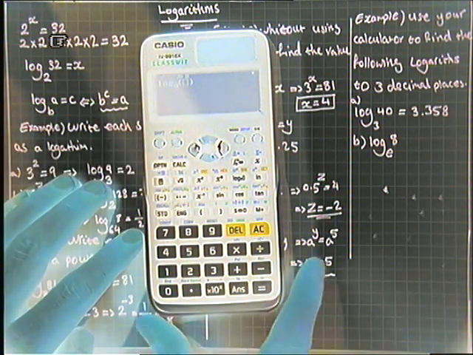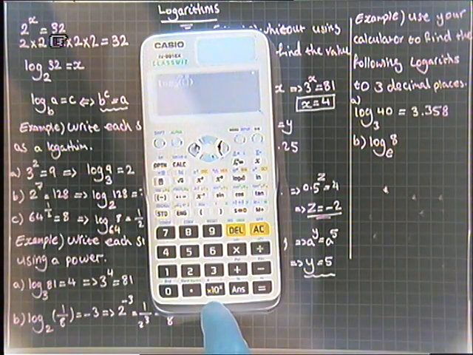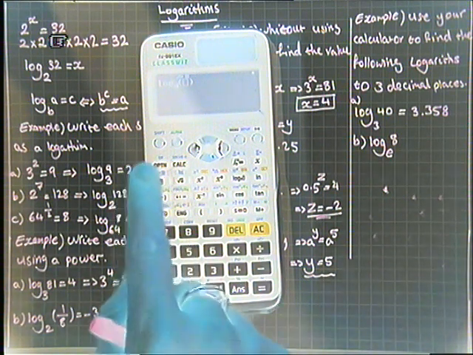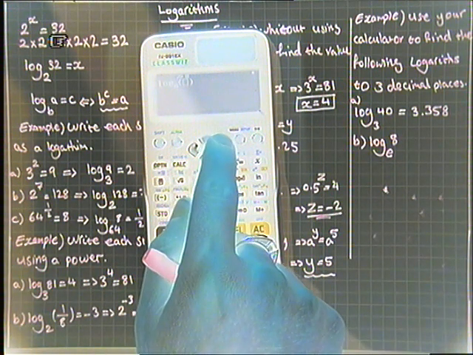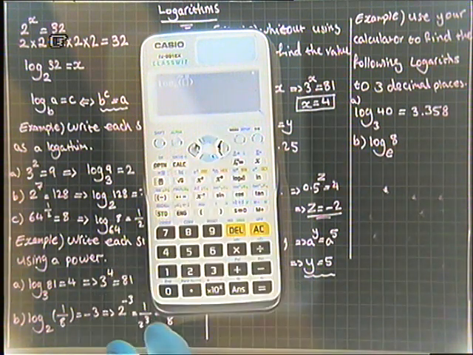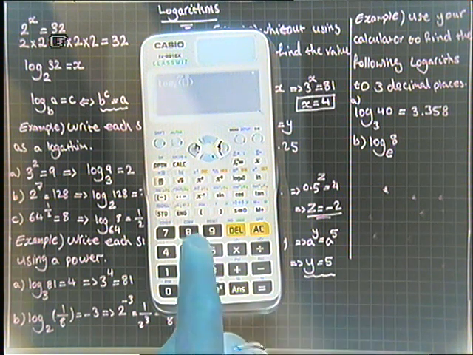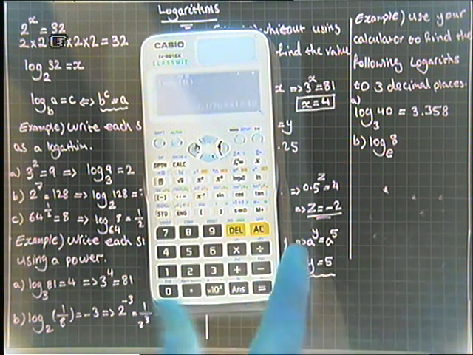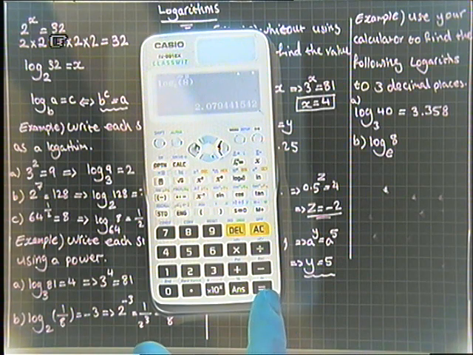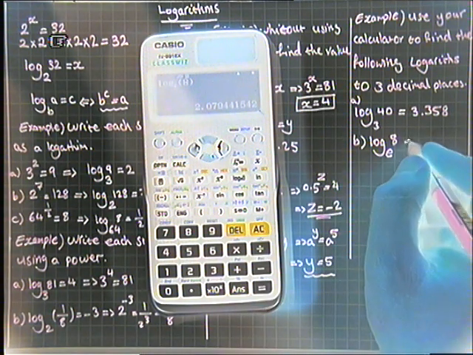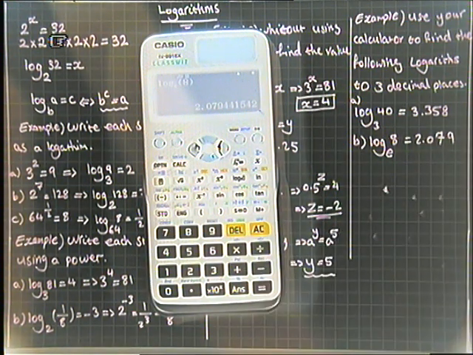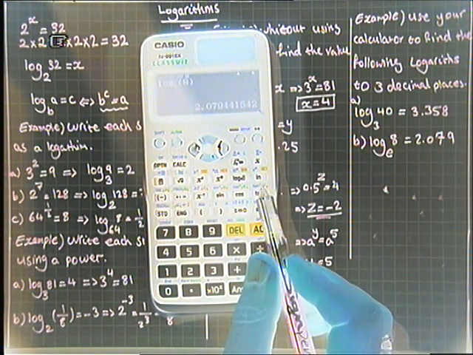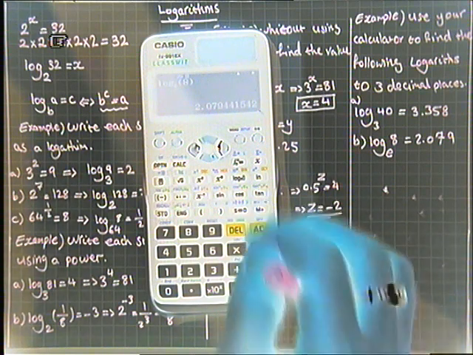If you press Alpha and times 10 to the power of x, you will get e, and we are looking for 8 here. Which is 2.079. However, we could use this button as well, ln.